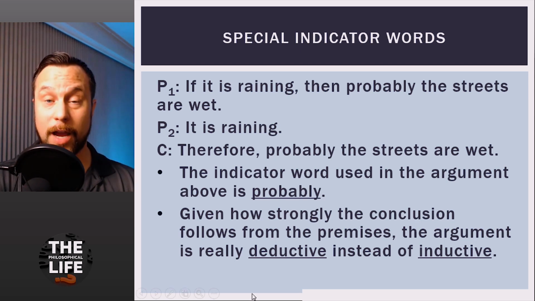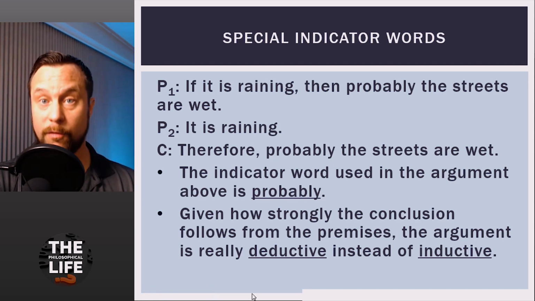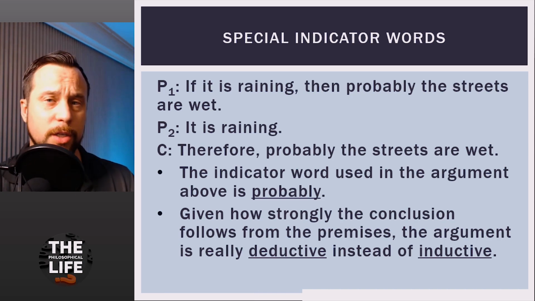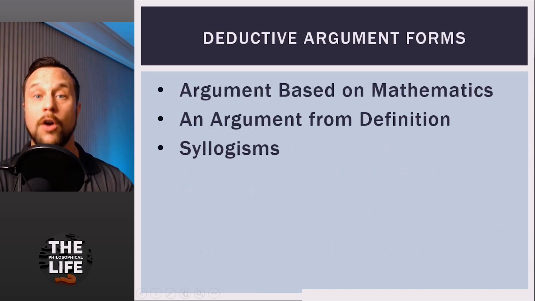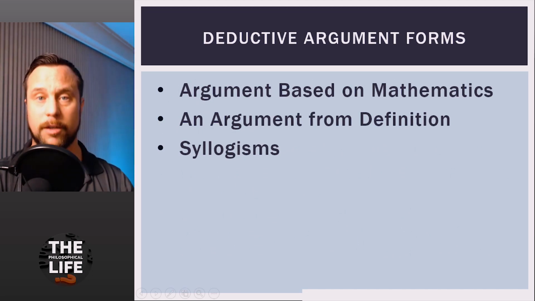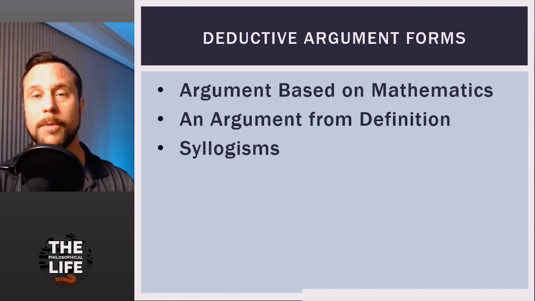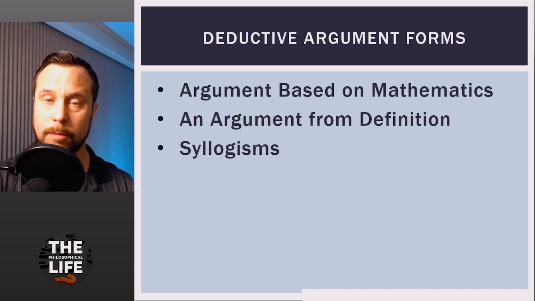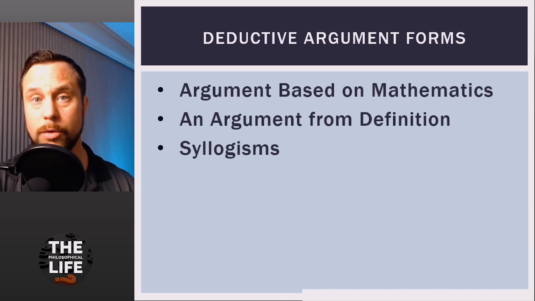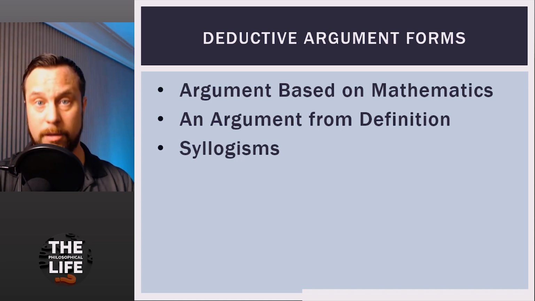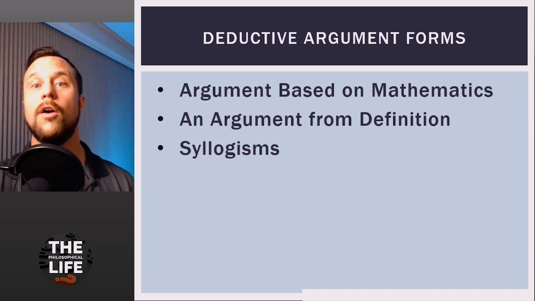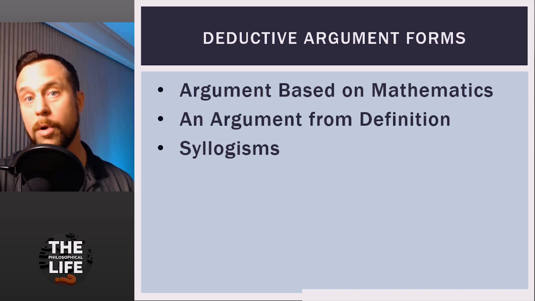Now, one of the other factors is common argument forms that are associated with inductive and deductive arguments. So let me just briefly mention a few. For instance, common deductive argument forms are arguments based on mathematics. When someone concludes from certain truths or axioms a certain conclusion, then that mathematical conclusion follows of necessity given the truth of the premises.